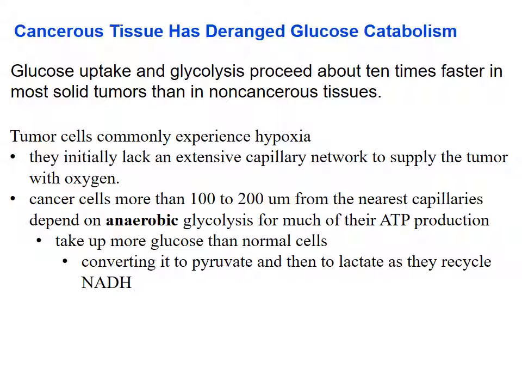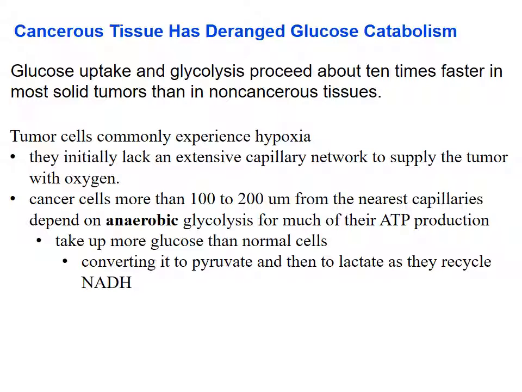Now that we know all the good that glycolysis or glucose does for us, let's look at how some pathologies or pathological conditions take advantage of it. For example, cancer has very, very high glucose metabolism.